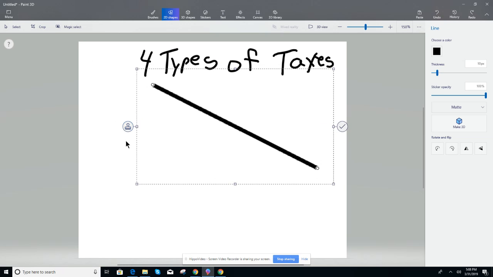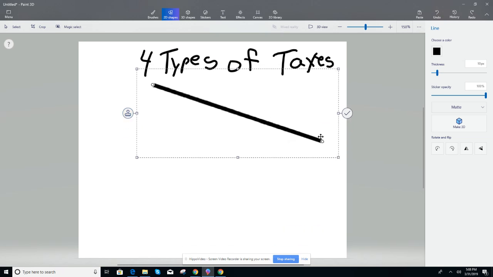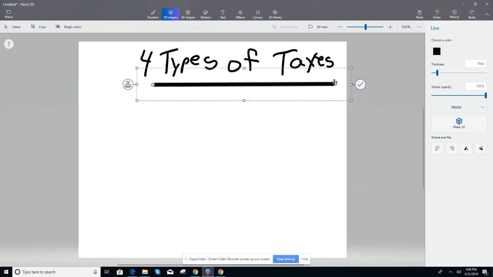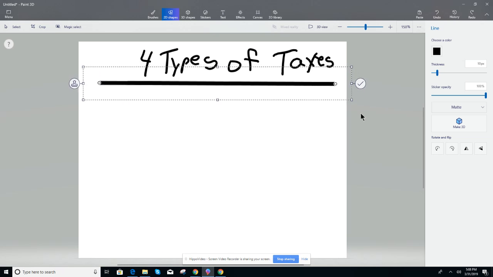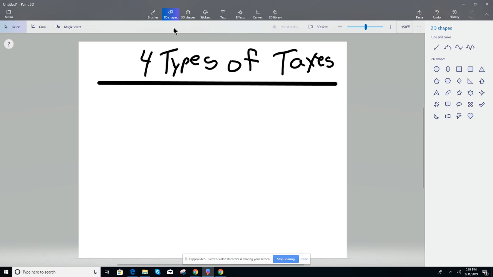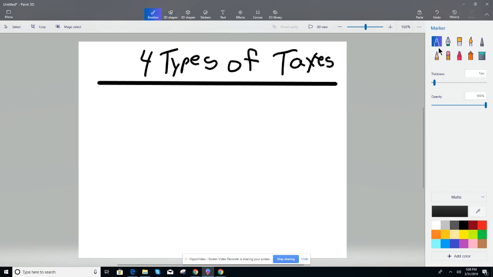Yeah. We're going to make a line. There we go. And since there are 4 types of taxes, our bracket is going to have 4 small lines. I'm just going to go ahead and use a pencil because that's easier for me. The first line, we're going to start right here.